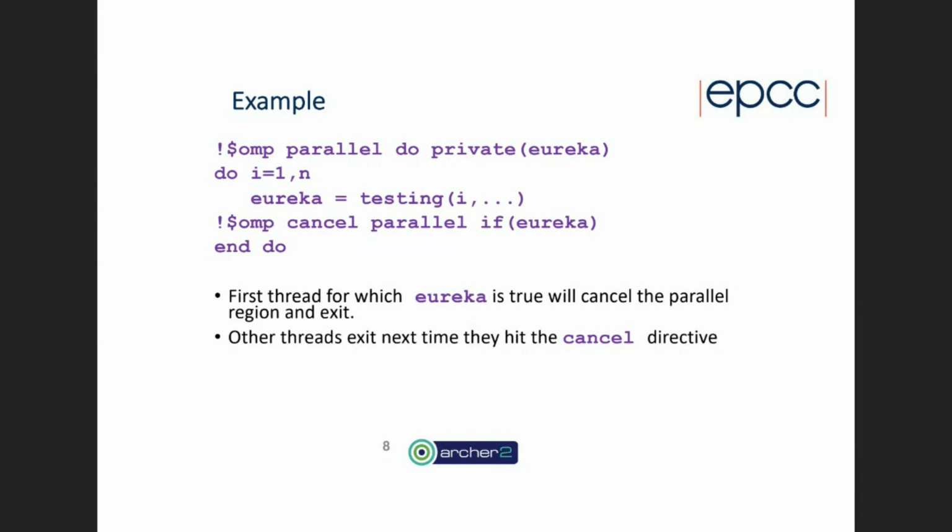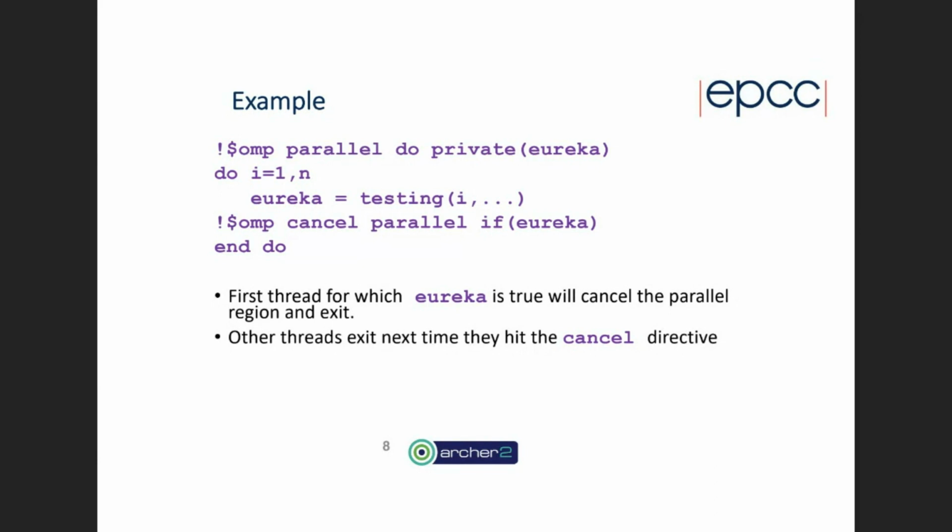Okay, so a bit of sketchy code here, but the sort of use case might be, if you have multiple threads searching for something, but you're only interested in the first thread that finds something, then you're done.